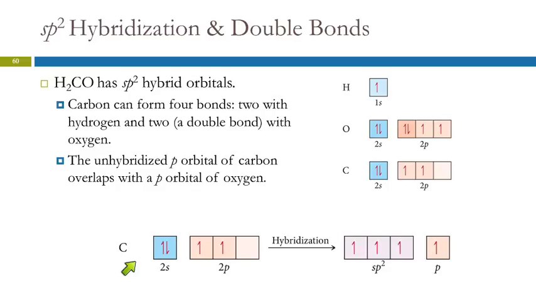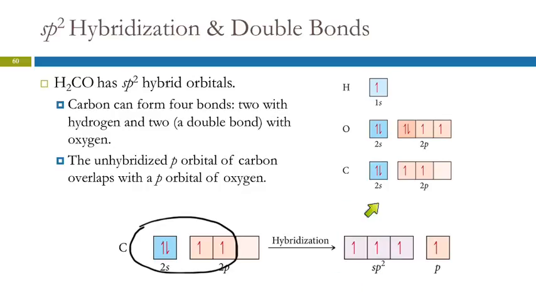So what happens is the carbon, which has this orbital diagram, is going to hybridize. It's going to take the s. Let's see if I can draw this better. It's going to take these 3 and hybridize them, and it's going to leave this one unhybridized.